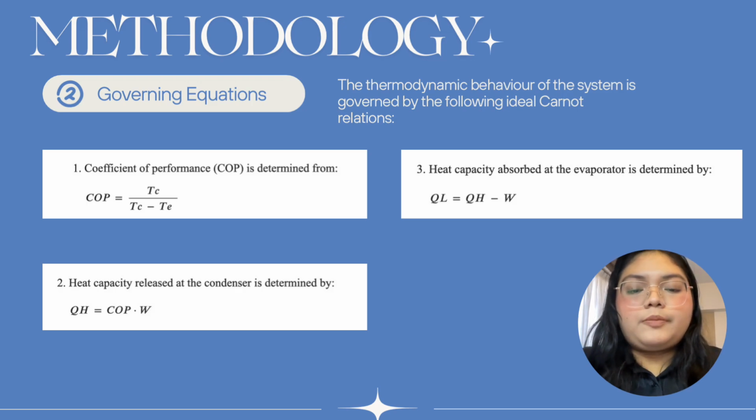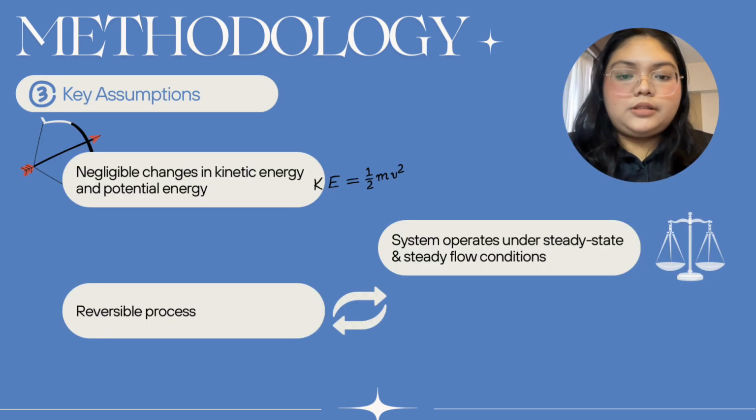And thirdly, the heat absorbed in the evaporator is determined by QL equals QH minus W. There are several assumptions made for this system. The first is negligible changes in kinetic energy and potential energy. Secondly, the system operates under steady state and steady flow conditions. And the last is that it is a reversible process.